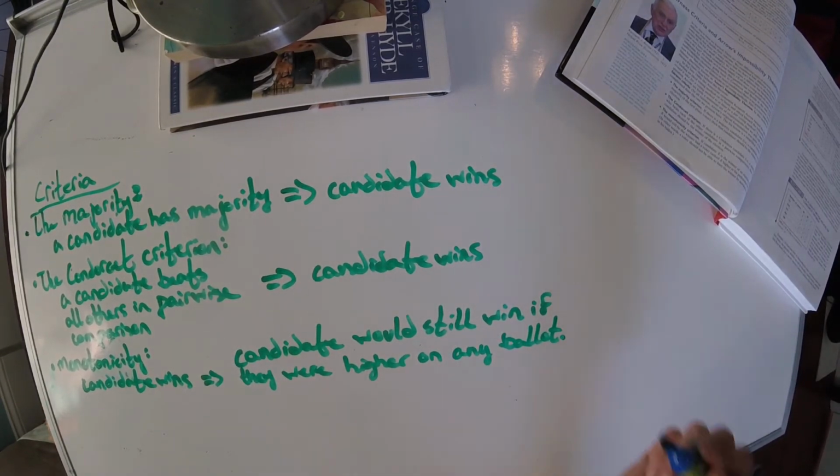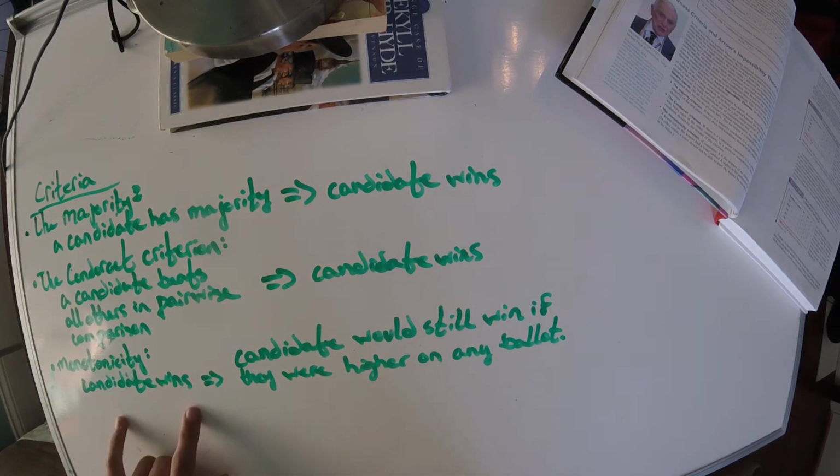So what we're saying here is that if a candidate wins, it must be true that moving them up in any individual's ballot would not hurt them. So that's what we're saying here. The candidate would still win if they were higher on any ballot. Monotonicity.